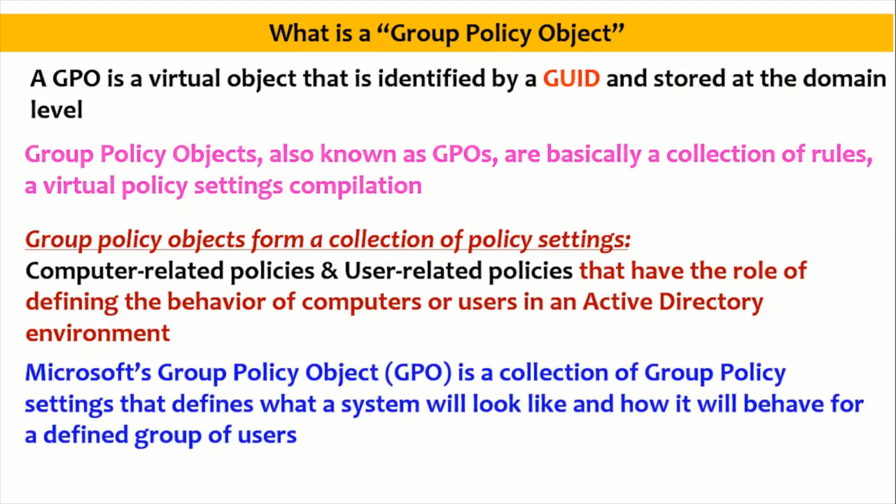A Group Policy Object is a collection of group policy settings that defines what a system will look like and how it will behave for a set of users or a group of users. So we define rules and we configure settings in our group policy objects, and accordingly our users and computers behave in that particular manner. We are going to take it up in our lab session in depth.